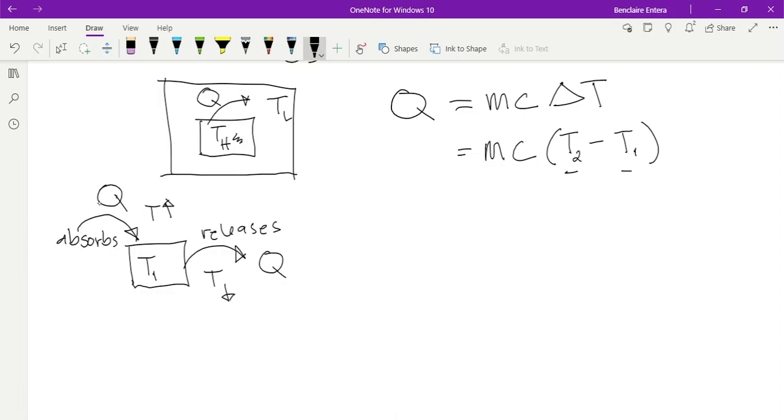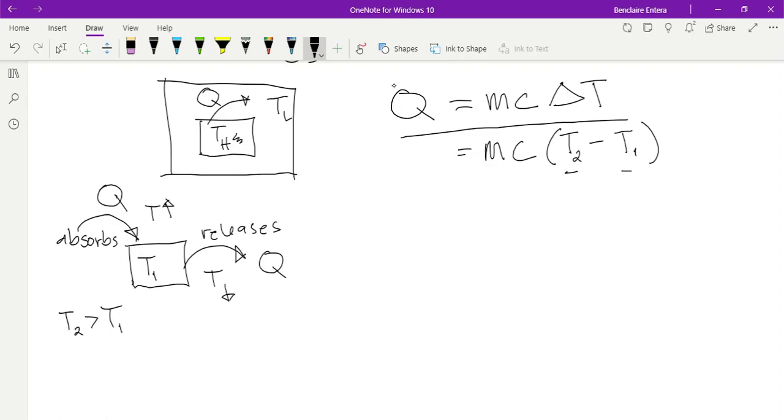The amount of heat required to change the temperature of the object is this. So when the object absorbs heat, its temperature increases, so the final temperature T2 will be greater than T1.